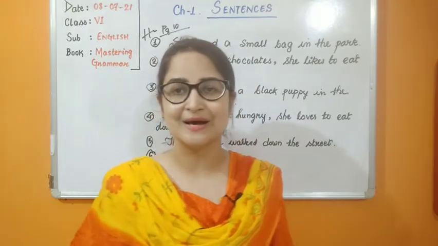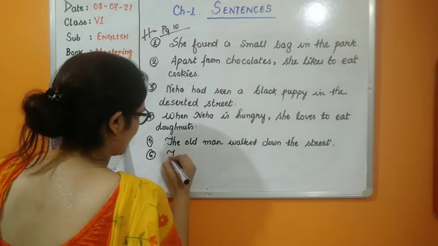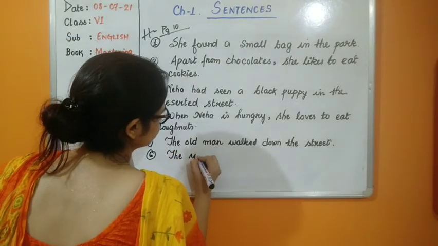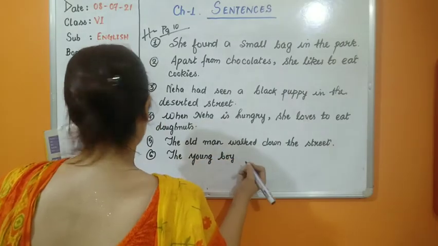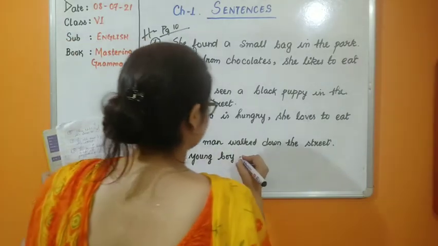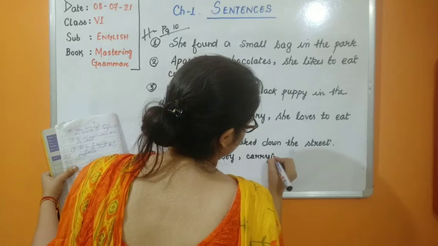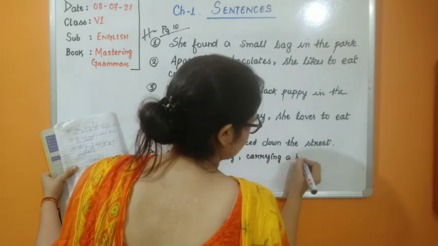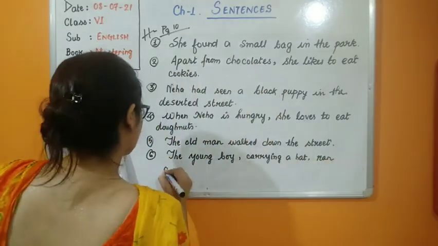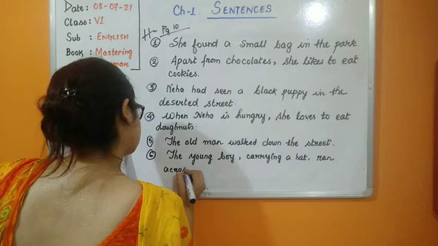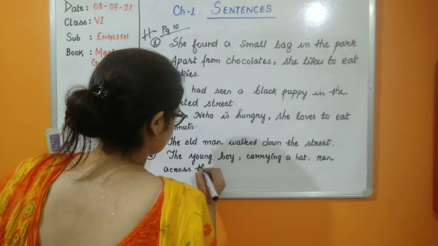So, ran across the playground. Okay children, let's write it down. Number 6, the young boy carrying a hat ran across the playground.